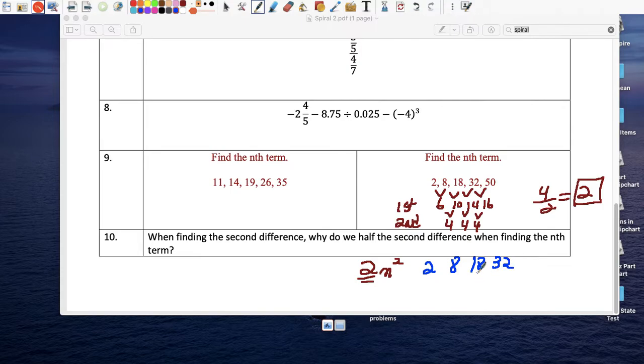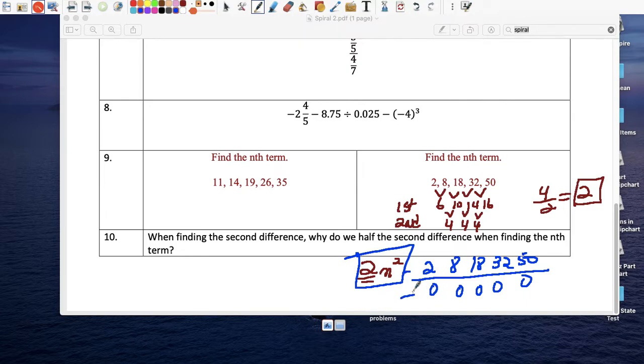And 5 squared is 25 times 2 is 50. If I subtract, 2 minus 2 is 0, that's 0, that's 0, that's 0, that's 0. So guess what? That's your sequence right there.